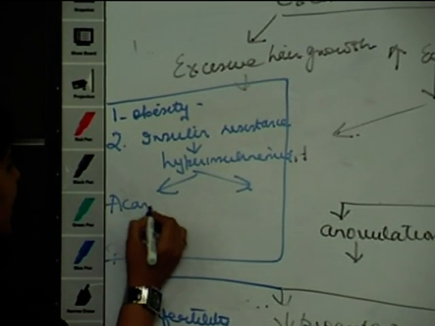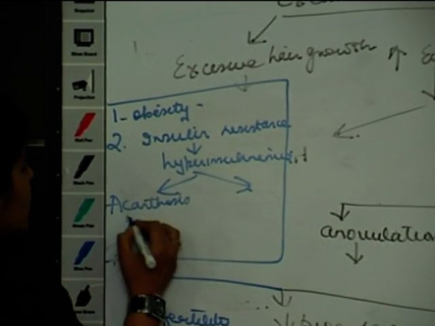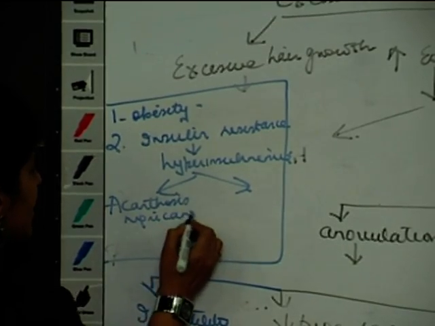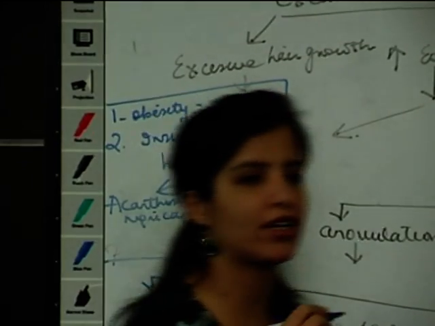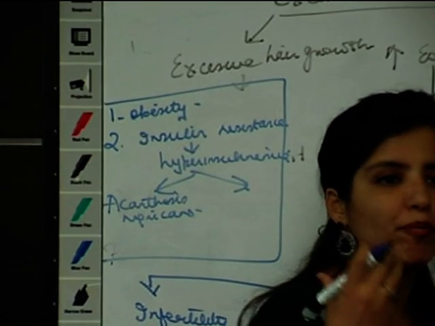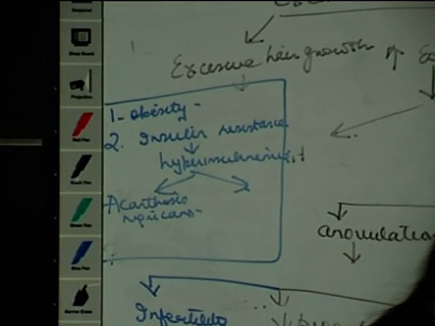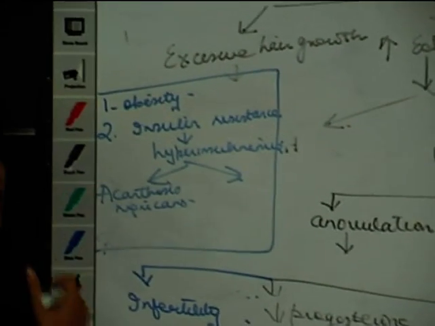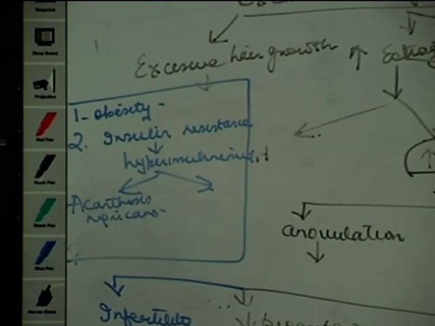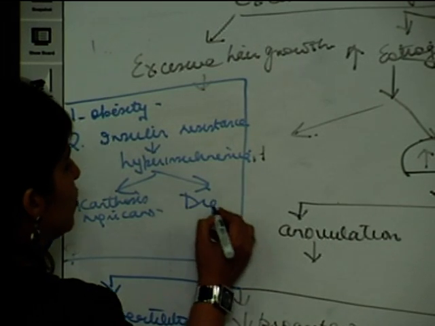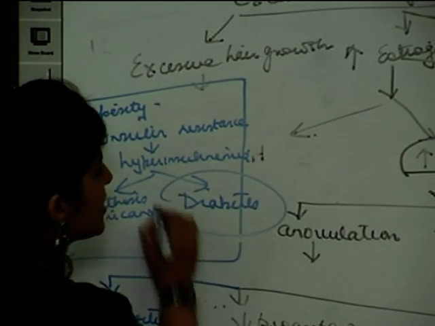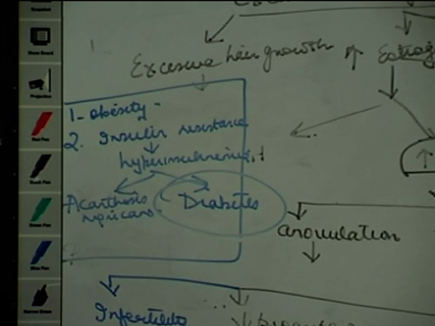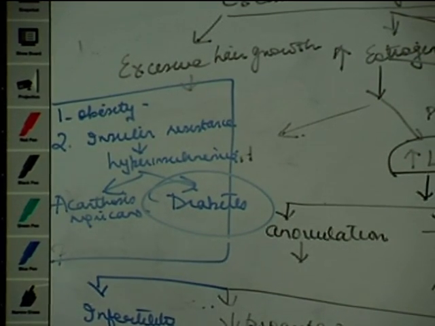Number 1 is acanthosis nigricans, which is seen in 5% cases. In acanthosis nigricans, there is dark pigmentation which occurs in the axilla, in the nape of the neck, and below the breasts. And this hyperinsulinemia, in due course of time, can also lead to diabetes. So diabetes is another long-term consequence of polycystic ovarian disease.